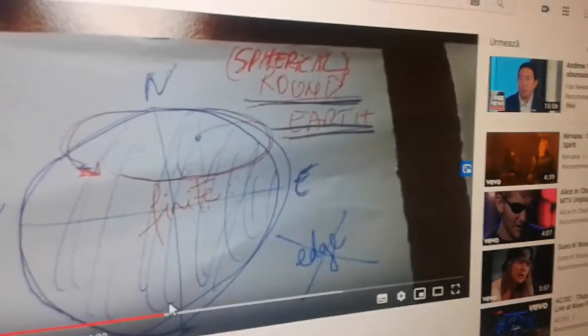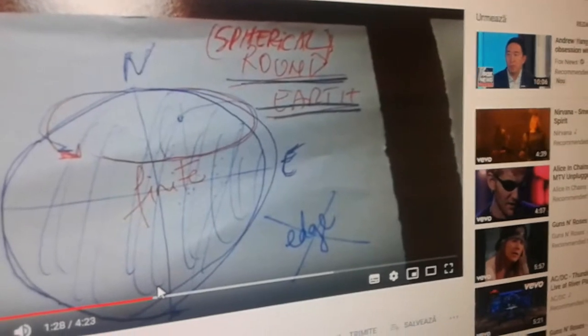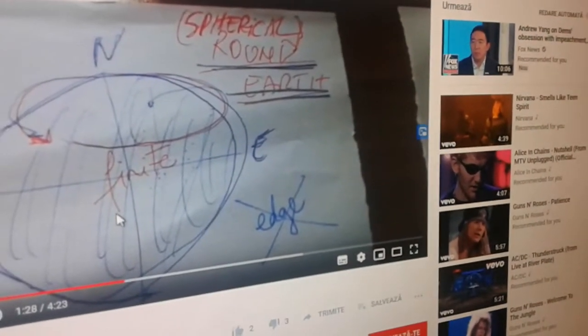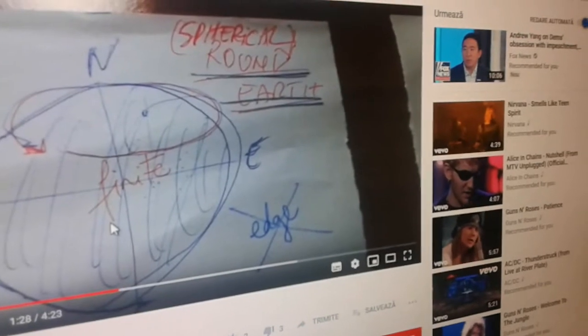But in the case of a spherical Earth, the round Earth, you have a finite surface, because you can only go so far on the ball, circling on the ball.